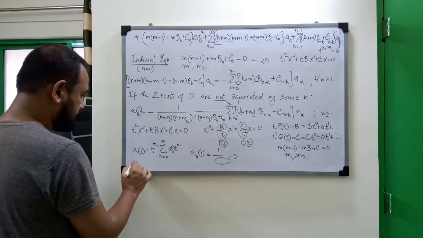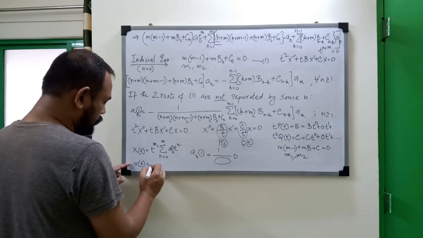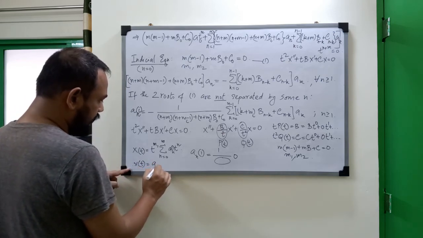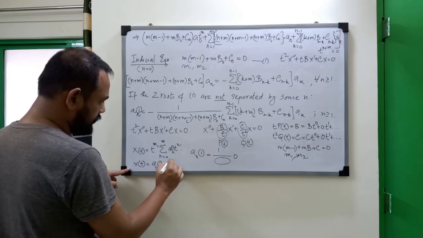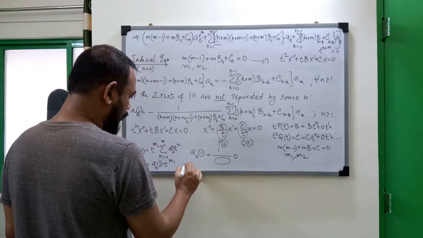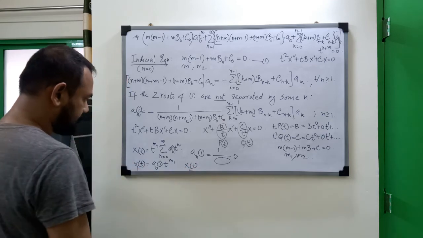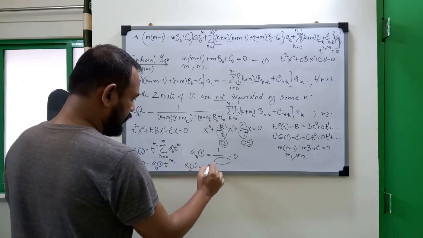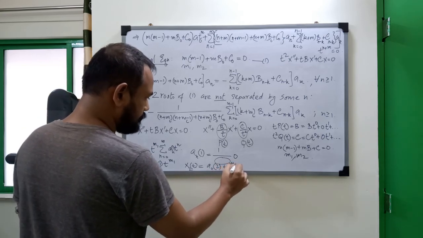So basically what you have is the trial solution, the homogeneous solution, which will be a_0^(1) t^m1. Similarly, if you put in m2, you would have another solution. Let me call the first solution 1 and this solution 2. You would have a_0^(2) t^m2.